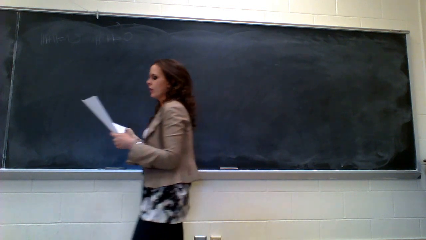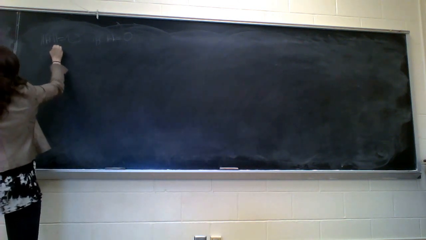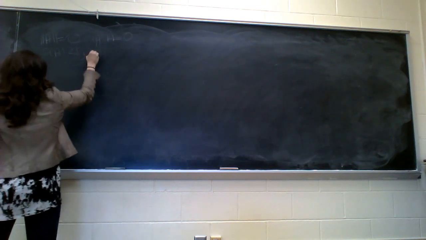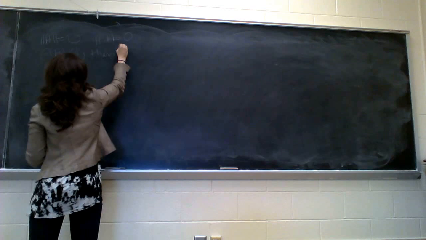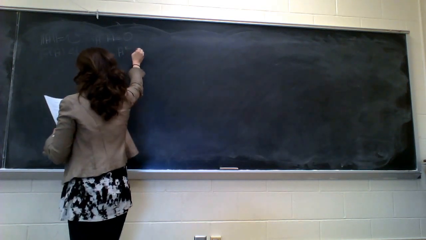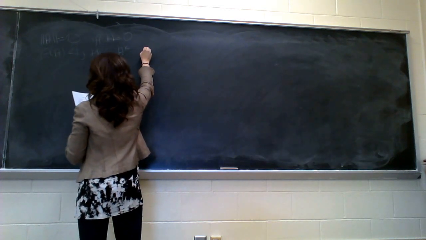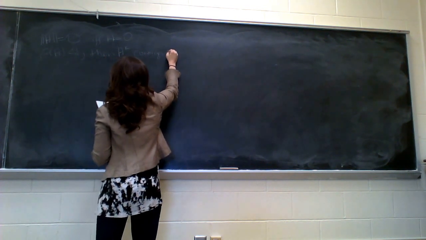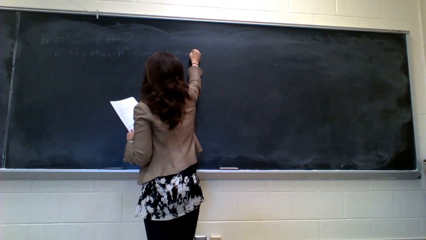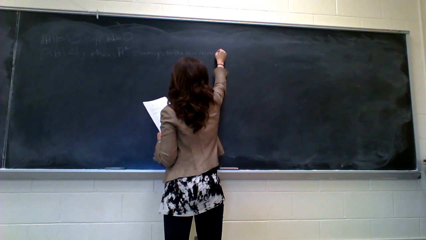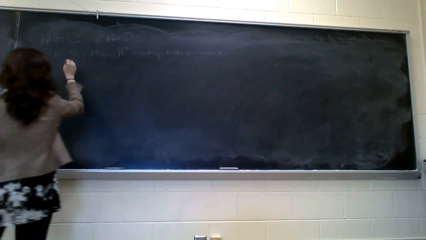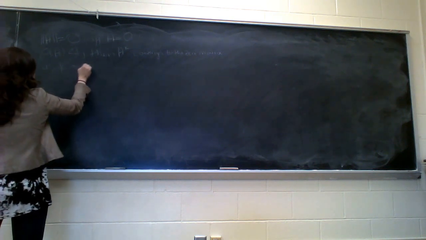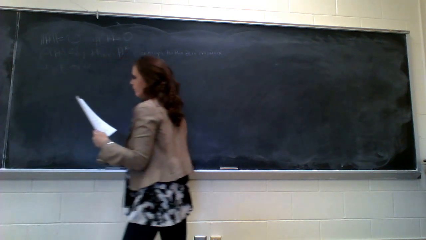Then we can conclude that if rho of A is less than 1, then A^k converges to the 0 matrix as k approaches infinity.